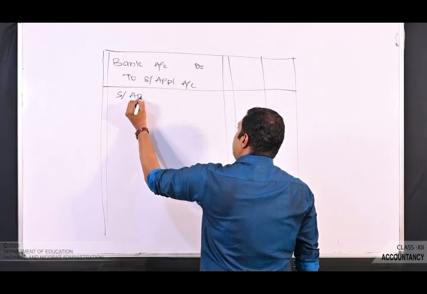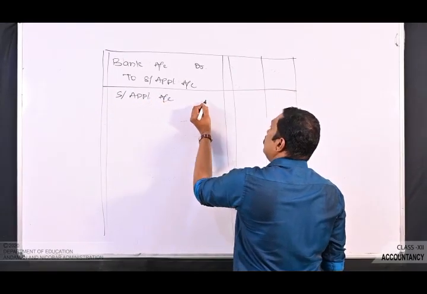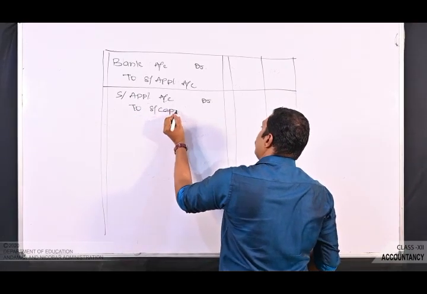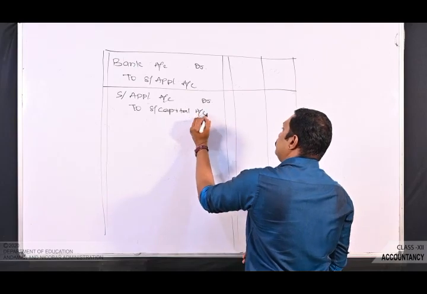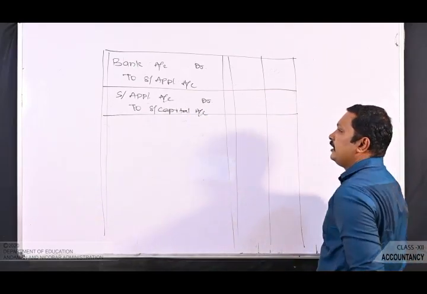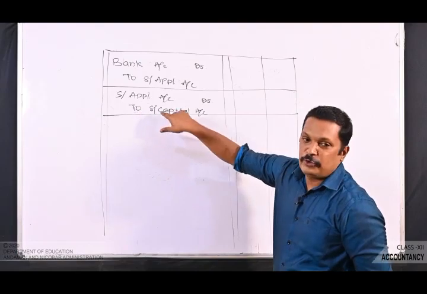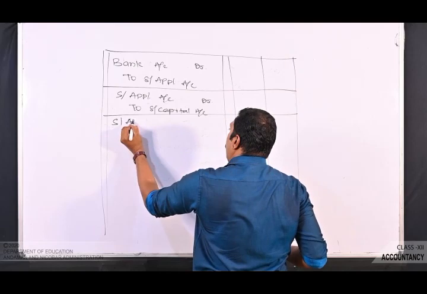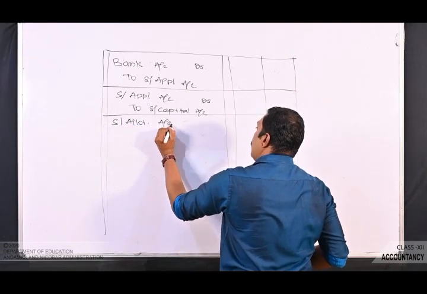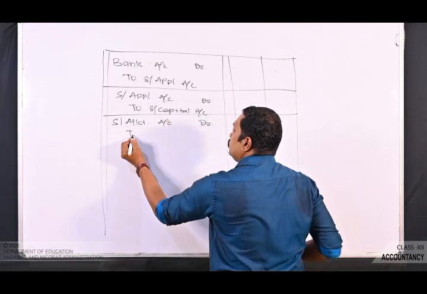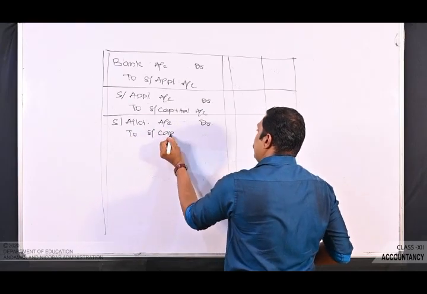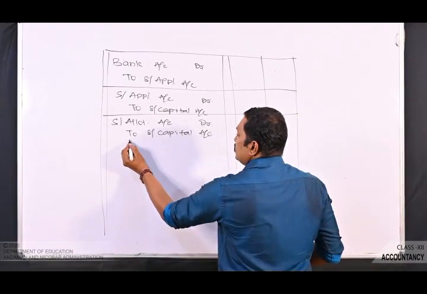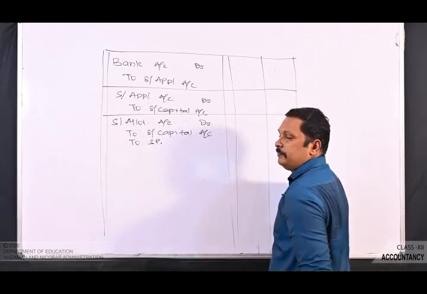Share application account debit to share capital account. This is the second entry. In case of premium, you have to write to securities premium reserve, right? What is the third entry? Share allotment account debit to share capital account. In case of premium, we have to write here securities premium.